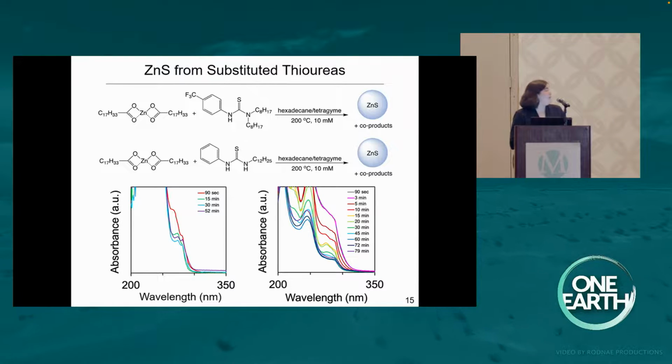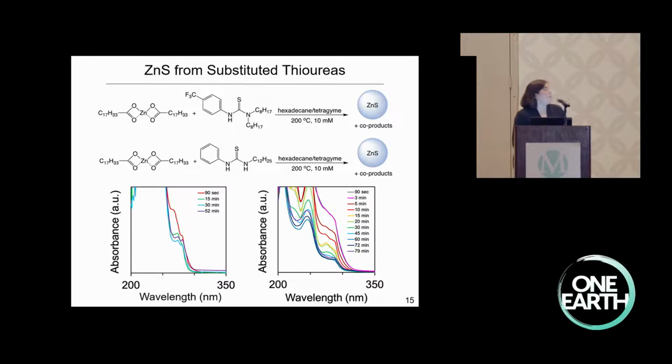This suggests that we would have different reactivity profiles between the different kinds of substitution on that thiourea, which again is support for using that as a way to tune the kinetics of our reactions, which in turn would change the size of our crystals and the properties of those crystals. And if we can tune our precursors, we can really select for a certain kind of nanocrystal we want.